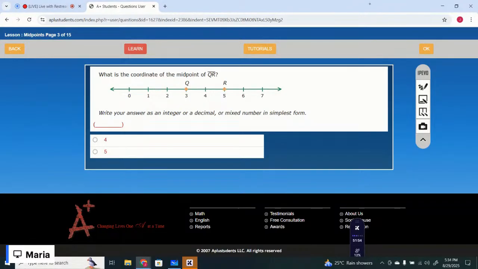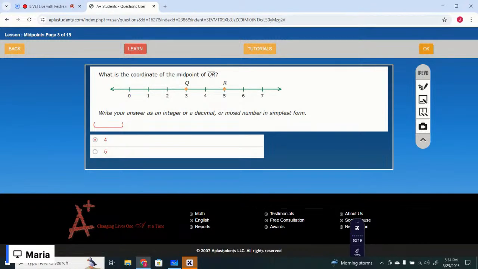What is the coordinate of the midpoint of QR? QR equals 4.